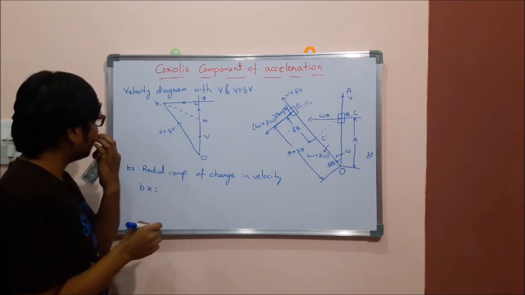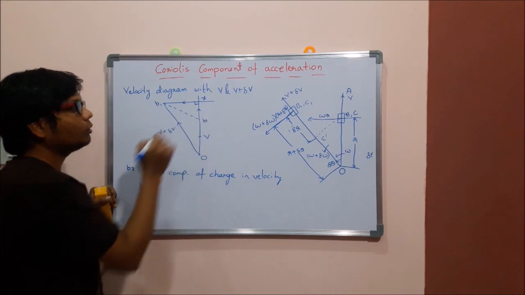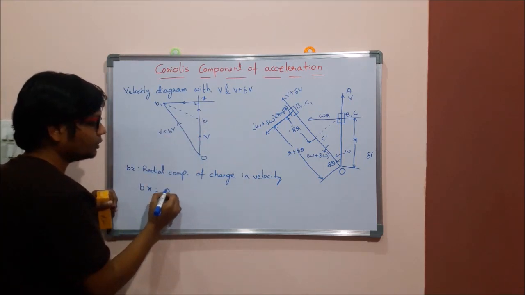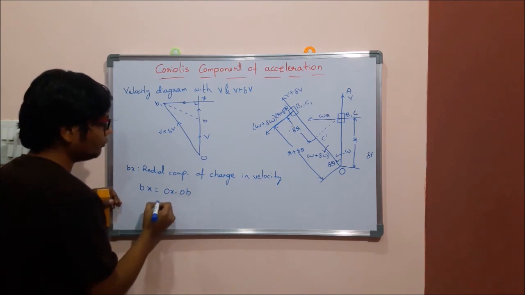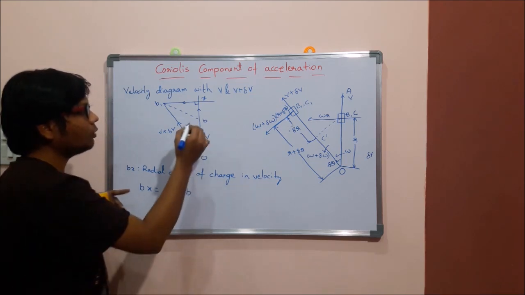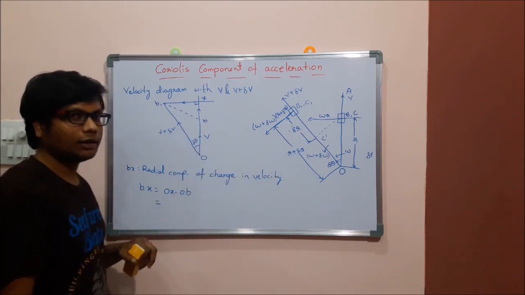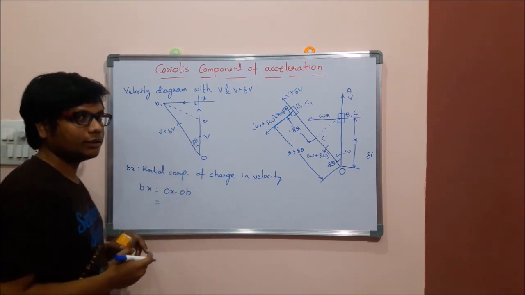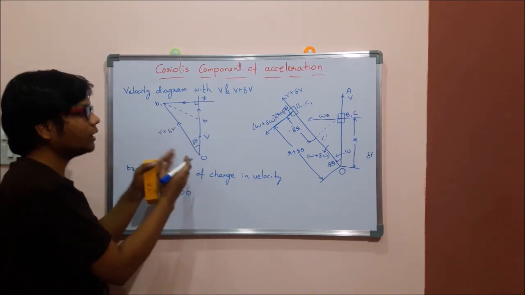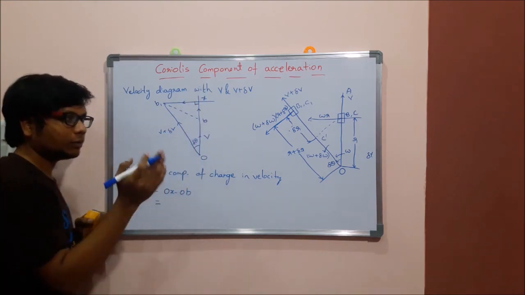From the right angle triangle, consider the side OX. bx can be written as OX minus OB. So what is OX? Here again the angle will be delta theta only, because the displacement is delta theta. So the angle between the two velocity directions will also be delta theta. According to the right angle triangle with an angular position delta theta, how can this adjacent side be written with the help of the cos rule?